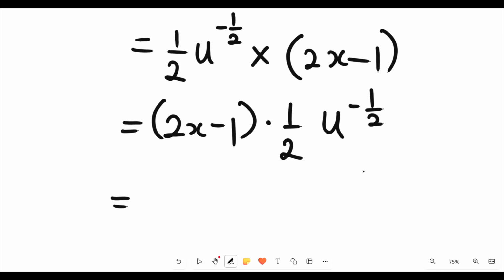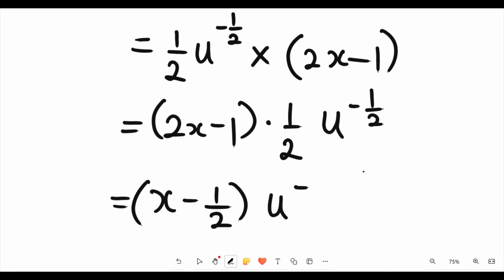All right, so we will expand the bracket with the half over here. So it's going to be 2x times half will give us x. Then negative 1 times half will give us negative half. Then they should be in bracket nicely. All right. Now we bring our u exponent negative half again.